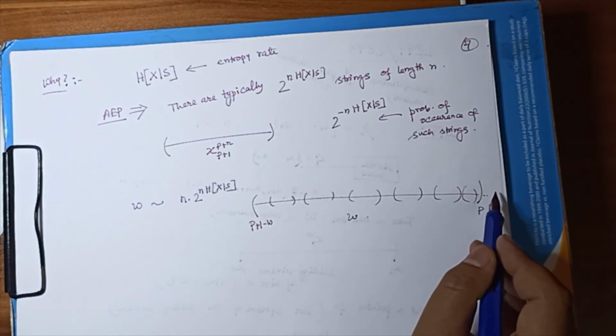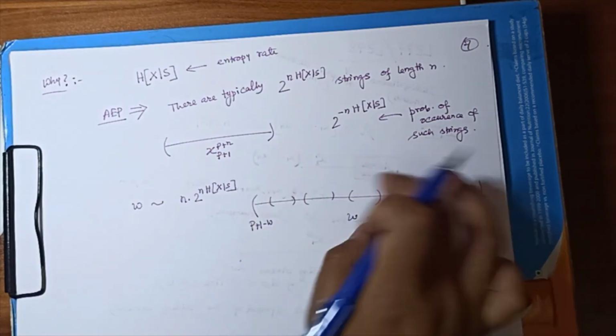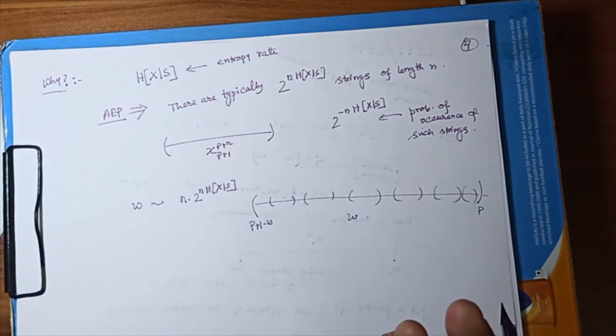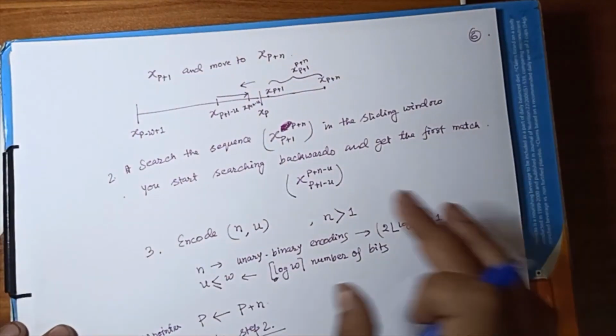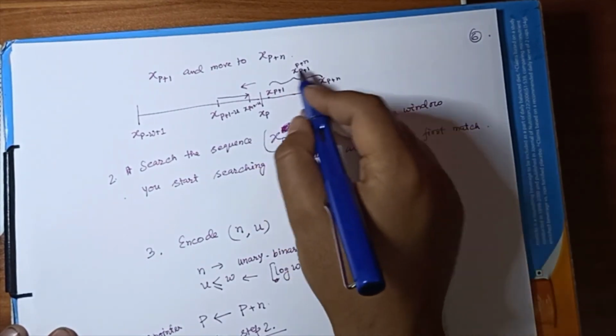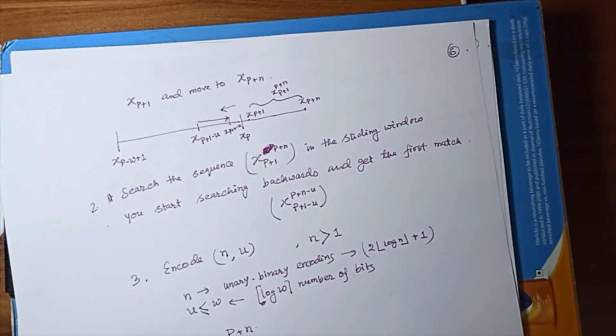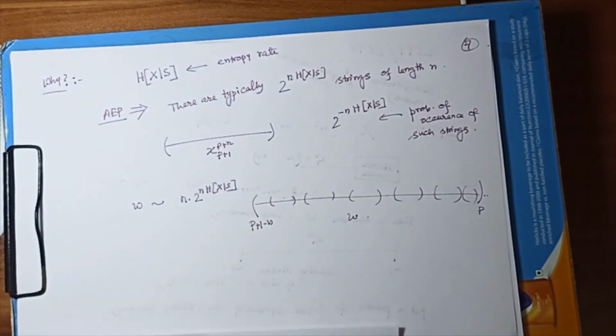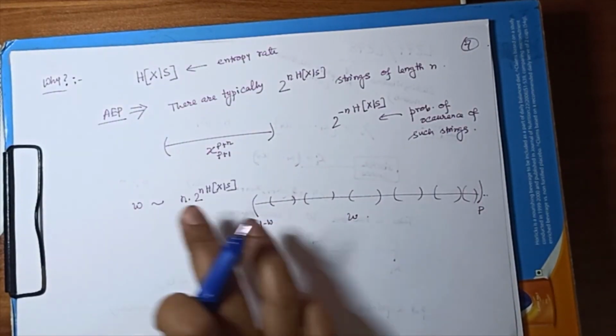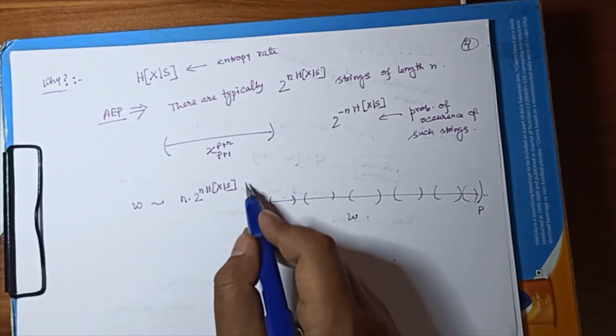So the probability of getting that sequence within this interval is large, close to 1. So this will work. You need the length of w to be of this order.